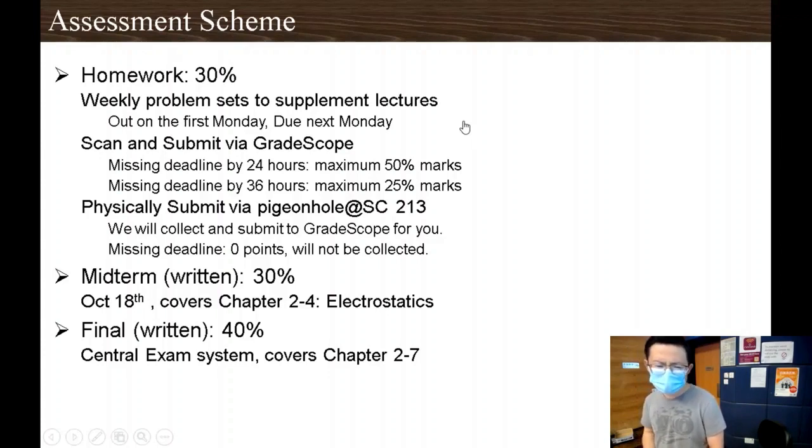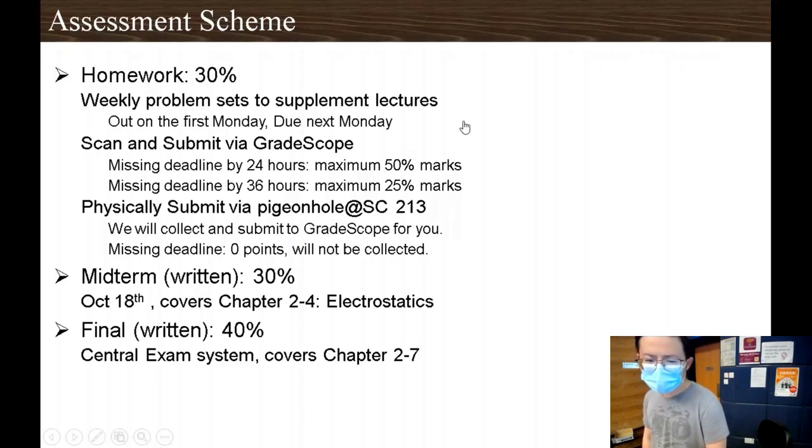If you submit your homework through the pigeonhole later than the deadline, it will not be collected, which means there is zero tolerance for late homework handed in in person. However, if you submit through Gradescope, even though there are deadline penalties, you can still get some score.